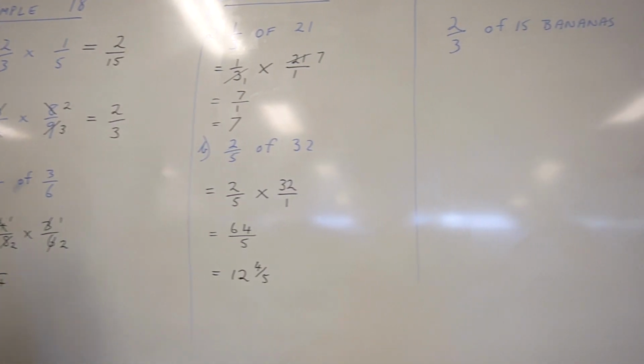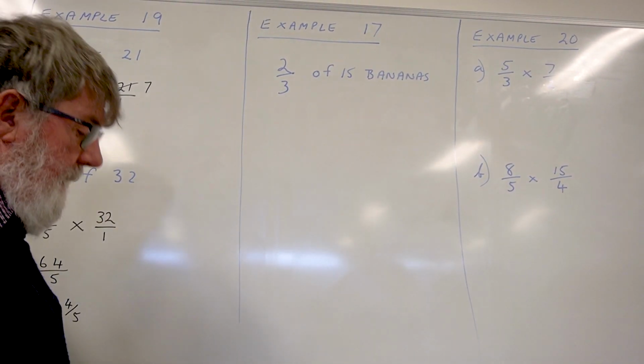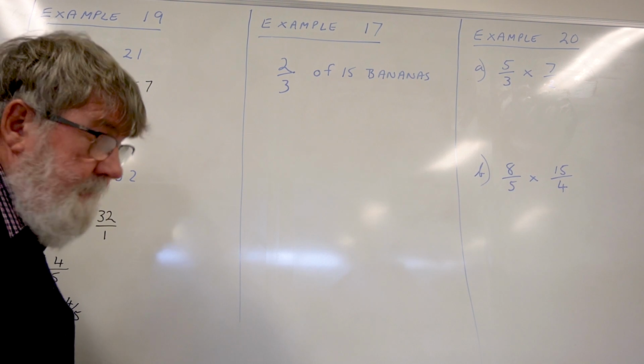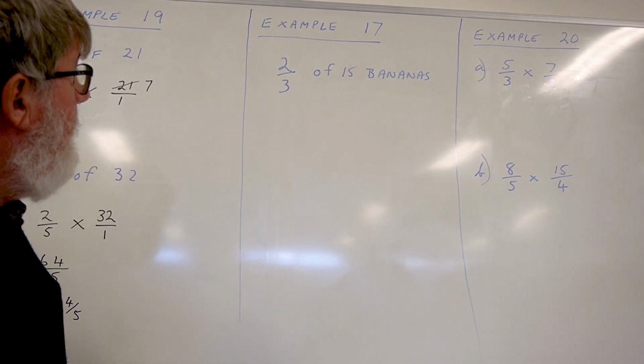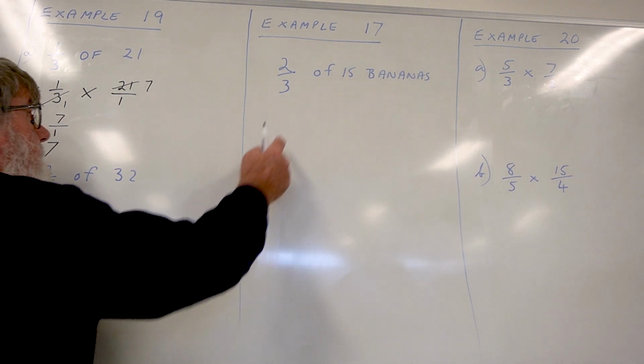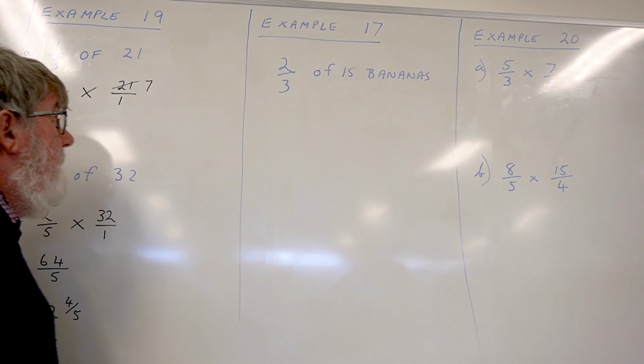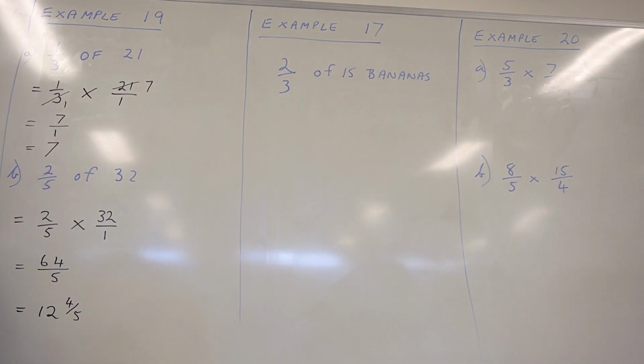In your textbook, example 17 was presented as 2/3 of 15 bananas and was actually written in before the others. And the idea would be then you would look at it logically, 2/3 of 15 bananas and say, well, 1/3 of 15 bananas is 5 bananas, 2/3 then is 10 bananas.